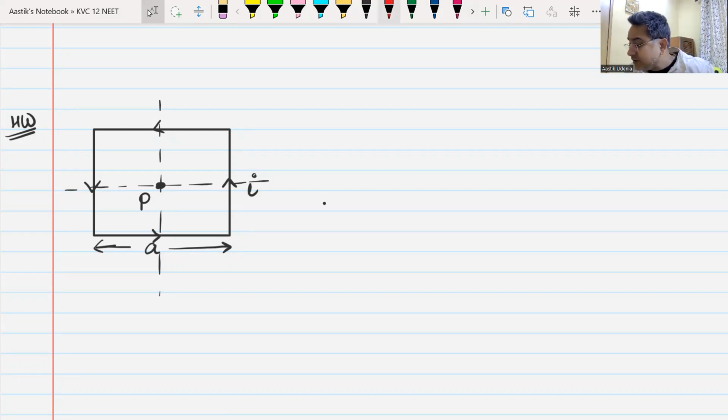To give you a hint, what will be the distance of this point P from any of the sides? How much will be the distance of this point P from any of the wire or any of the sides? The square is of side length A. What will be the distance of the point P from any of the sides?